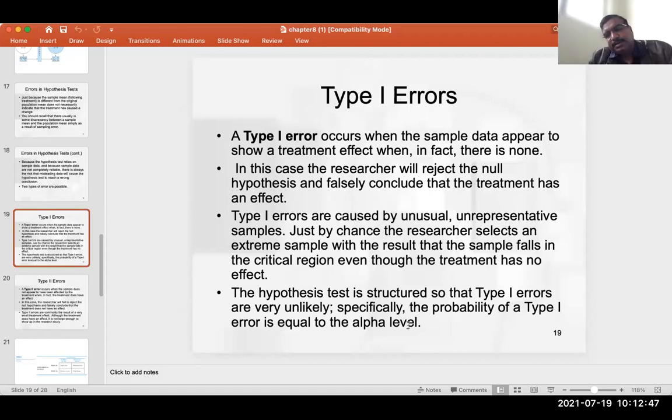The second case is a charge of cold-blooded murder against someone. If the claim is that someone has murdered someone, and there is a type 1 error in that case, that means in actual fact he has not murdered anyone, but due to the type 1 error, it is established that he has murdered.